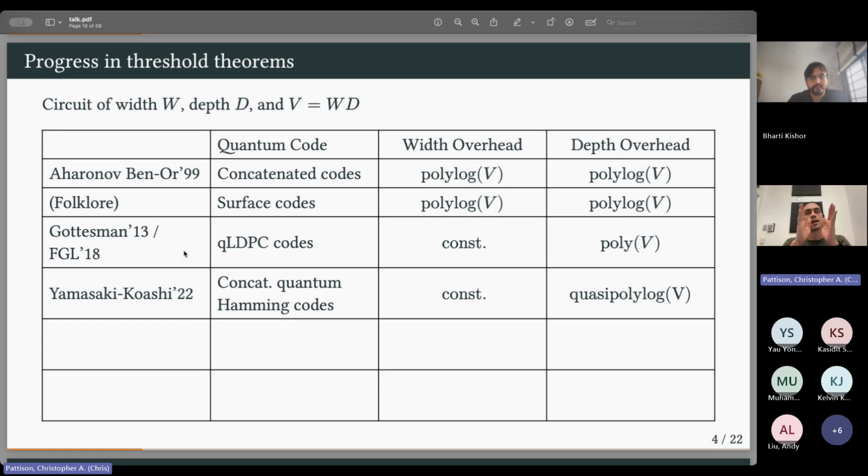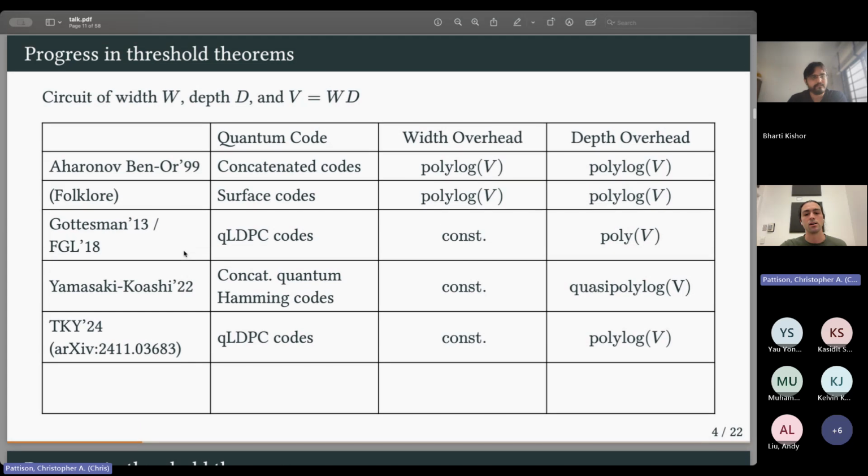It's a concatenated code construction, much like the constructions of the 90s and early 2000s, but the block length grows and the rate approaches 1 as you concatenate more and more, and that suffices to get you constant width overhead. But unfortunately, you get super polylogarithmic depth overhead. You should think of this as growing faster than any power of a logarithm, but still subpolynomial.